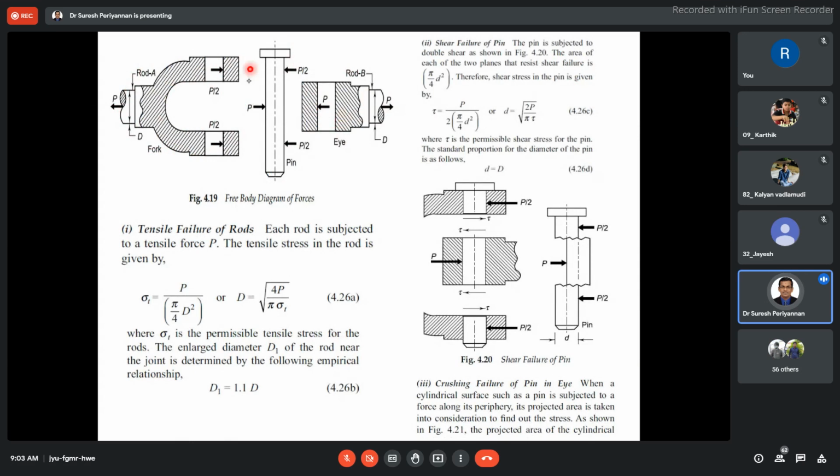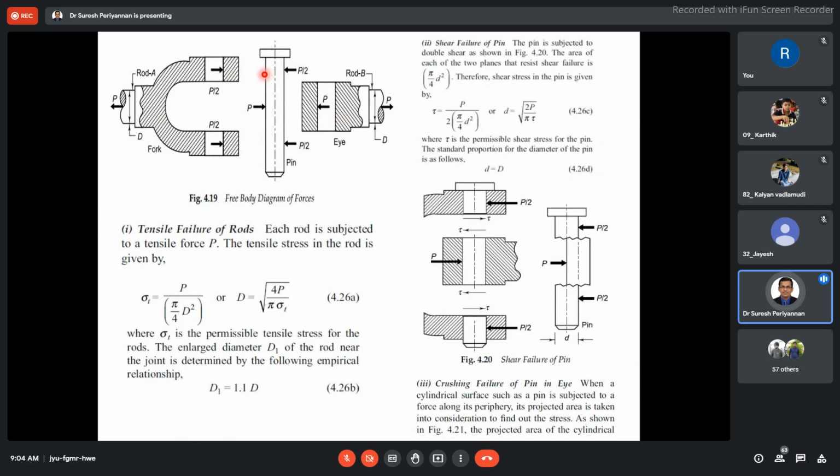Similarly, consider the pin. When the pin is inserted through the hole in the fork and the eye end, this force acts in this region and this force acts in this region in the opposite manner, then the summation is going to be the same. This is the mechanical equilibrium.